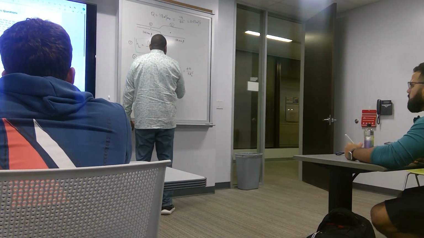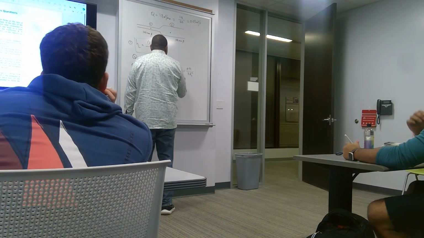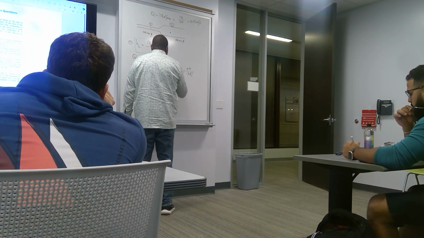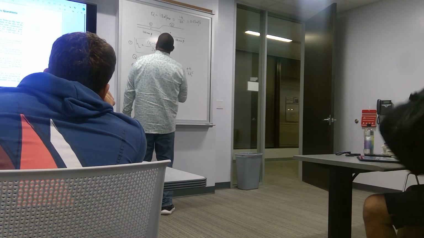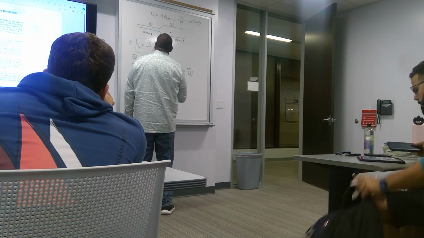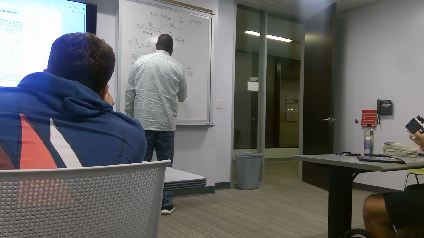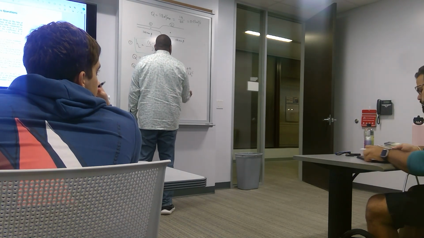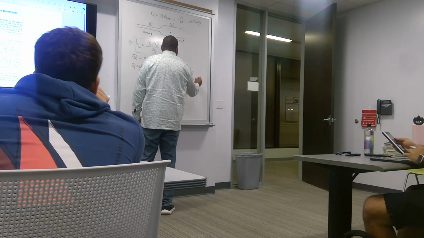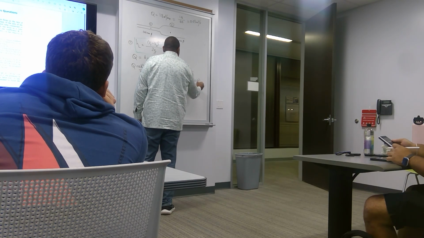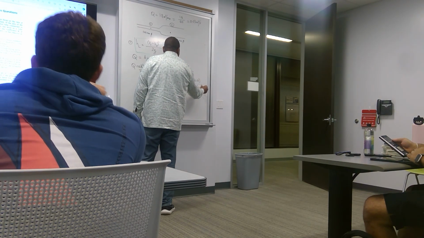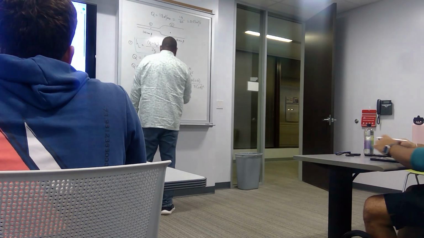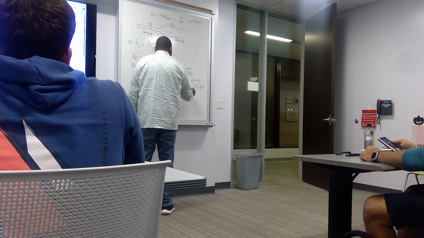V1 is 4 times 0.03 on pi times 0.1 squared, V2 is 4 times 0.03 on pi times 0.15 squared.